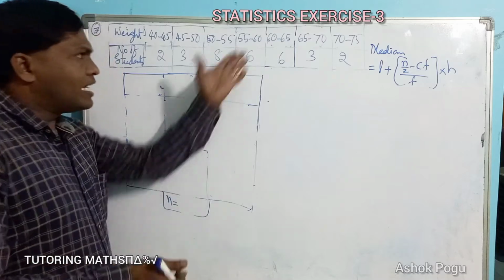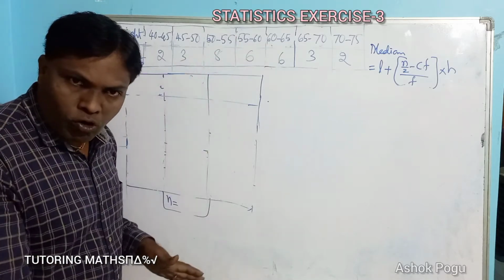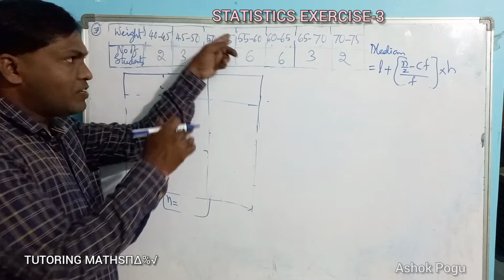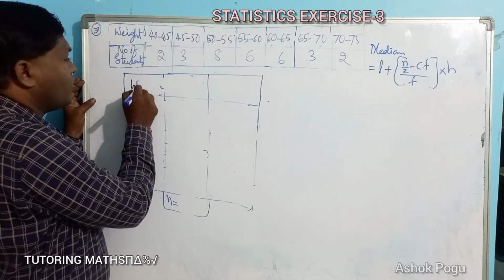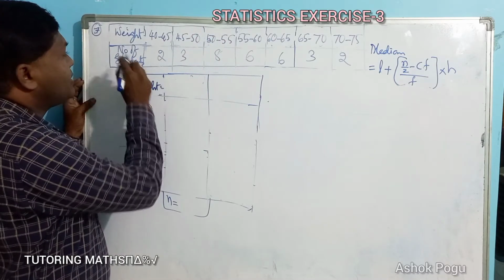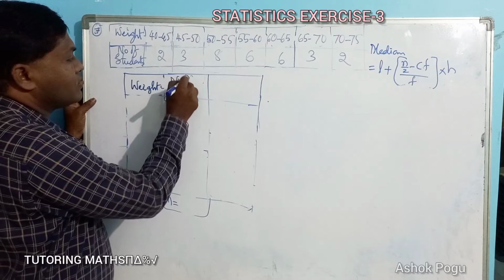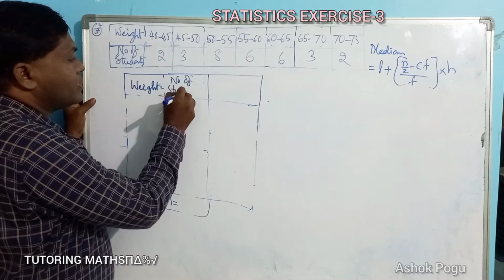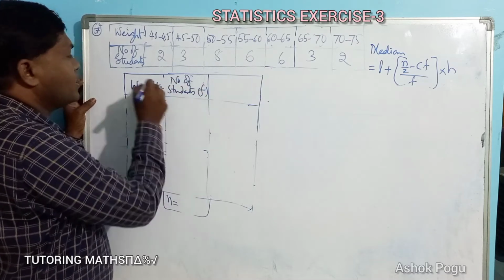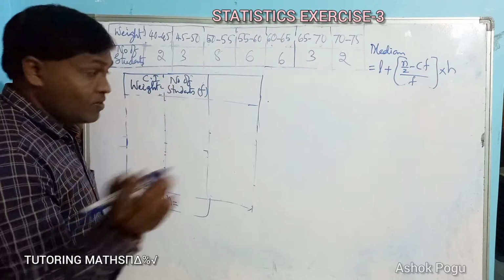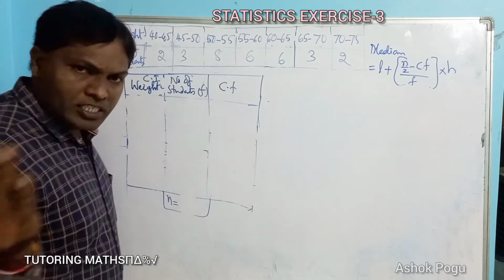You know that the given data should be converted into columns. Just classify the data. First of all, weight, and secondly, the number of students, which you can take as frequency. This is the class interval, and the third column is cumulative frequency.